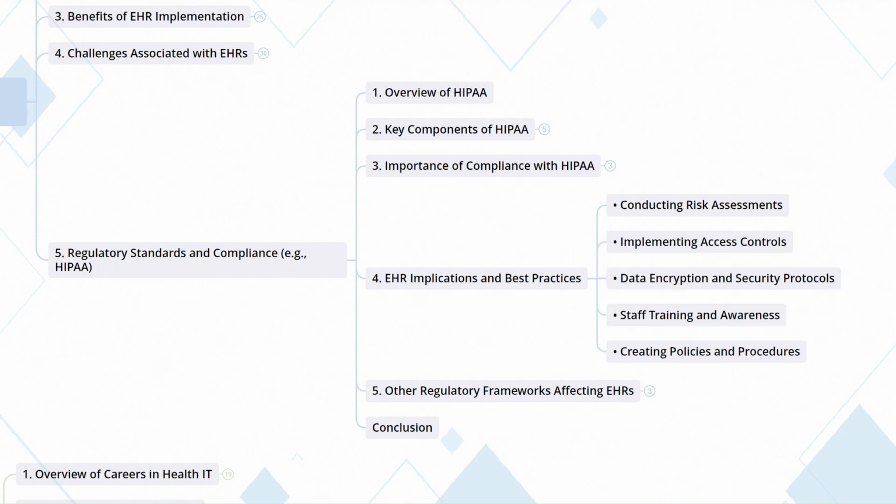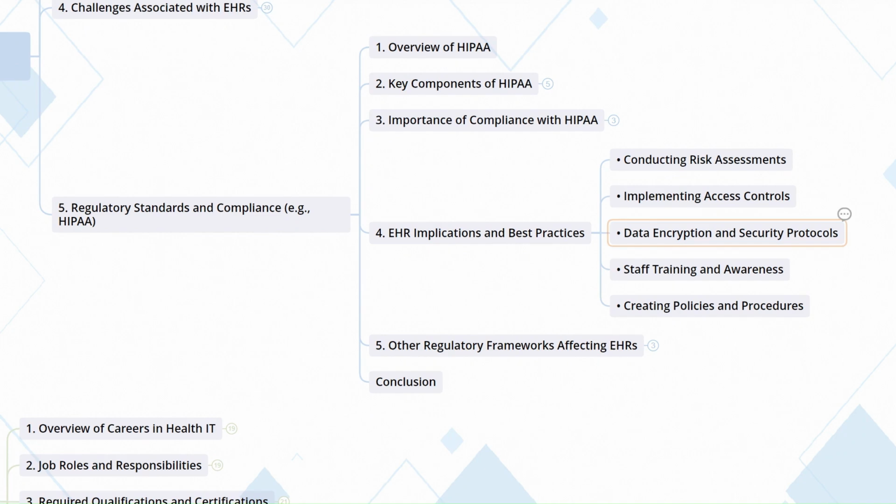Next, staff training and awareness. Ongoing training programs on HIPAA compliance and data security should be provided to all employees. This educates personnel on best practices for handling patient information and promotes a culture of compliance.